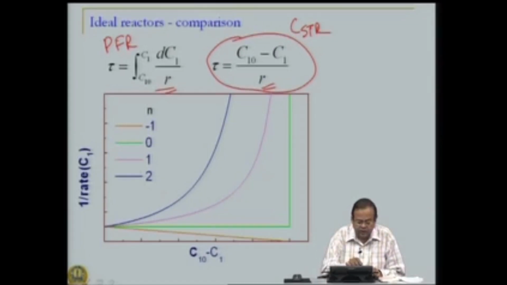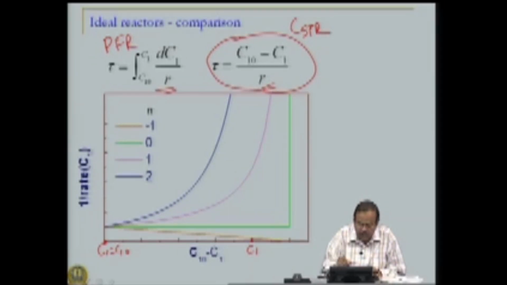Now, let us look at the performance of these two reactors. Let us take the case of n equal to 1, this violet line. Now, you know what the integral of 1 over R dC1 from C10 to C1 is. Where is our C10? C1 equal to C10 is over here, and some value of C1, let us say this particular point. So, what is this integral?